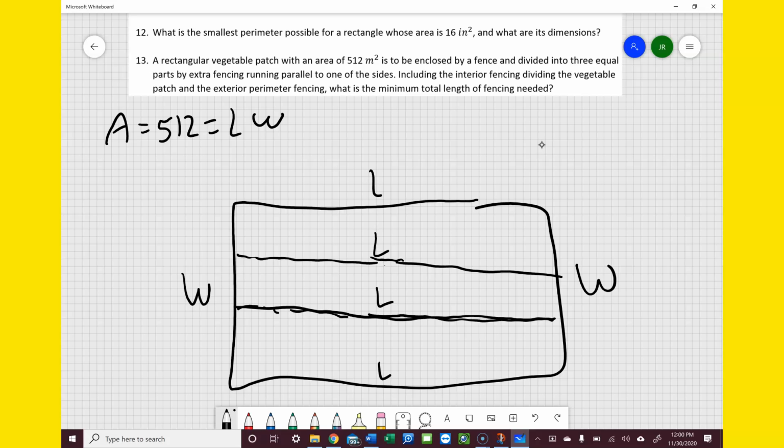So the total fencing used is going to be 4L plus 2W equals, let's say, F for the fence. And so I'm going to use the area equation, W equals 512 over L, to plug in for W here.